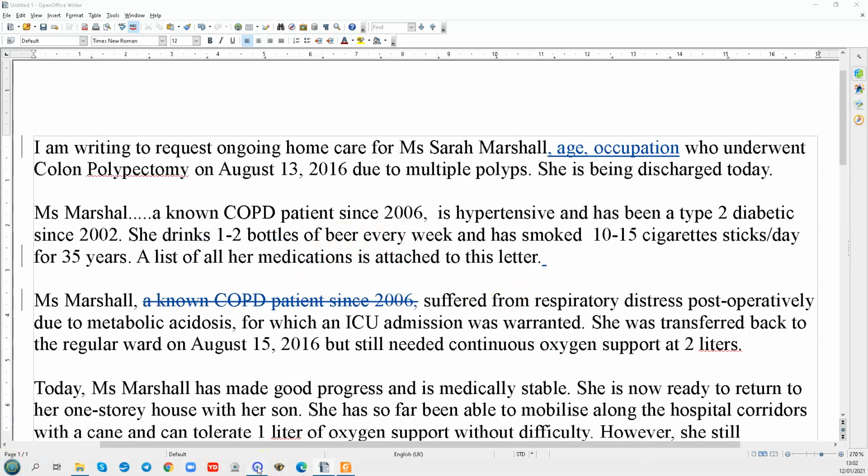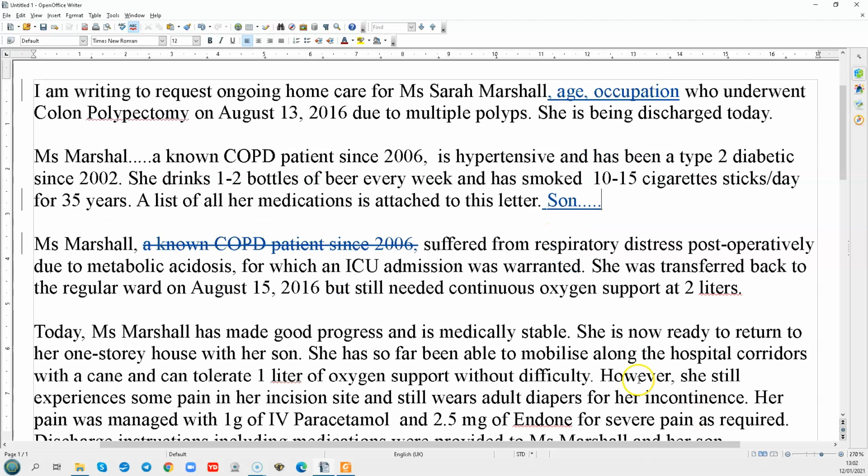Let's just pause that a second. Okay. So I'd be tempted to put that about the son there. So that informs the rest. Now, medically stable, ability to return to one-story house. The only reason to talk about the one story is if it's something to do with immobilization.